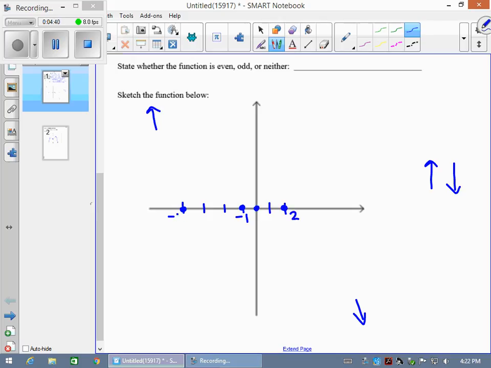Then I also want to remember where the crosses and the tangent aspects are of my roots. So at negative 4, I am crossing the x-axis. So I'm going to take my end behavior here and cross through at negative 4. Then I know that I'm tangent at -1 because that was my factor that was raised to the second power with an even multiplicity.